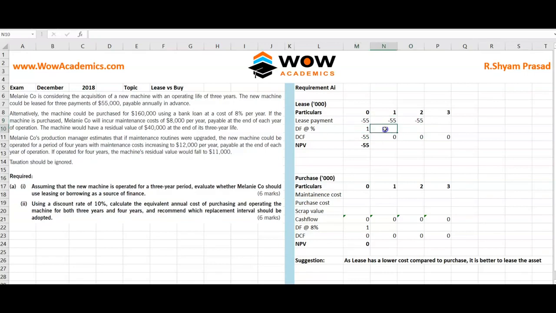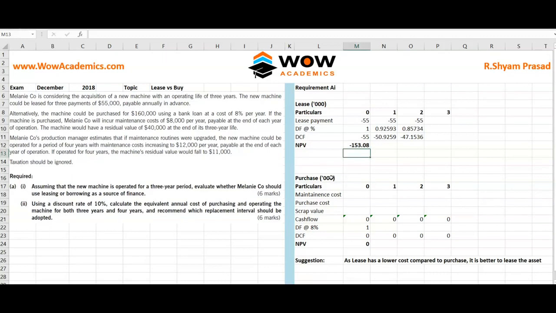And the discount factor will be the previous year's discount factor divided by 1.08, and just copy and paste it for one more year. You got the answer, and that's it. Check whether the total is taking all the years. So this should be the lease payment NPV.